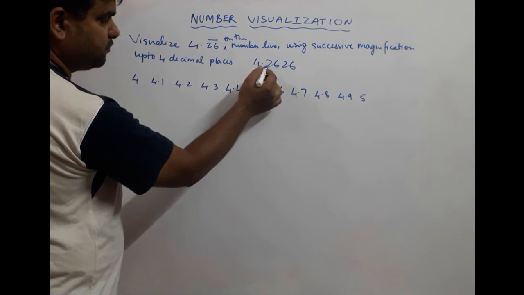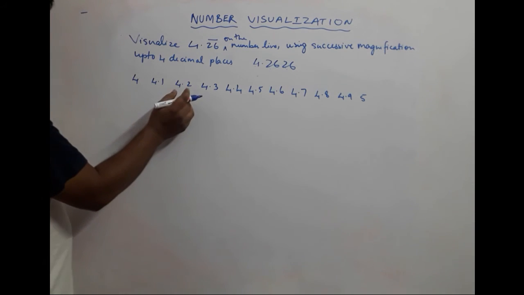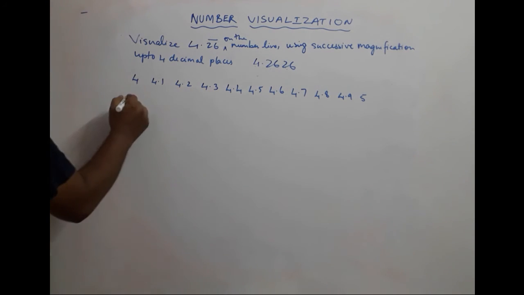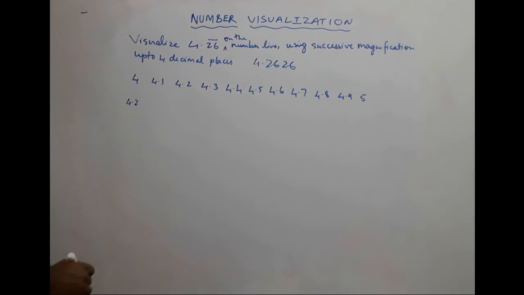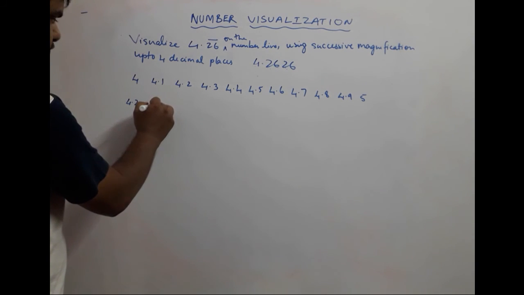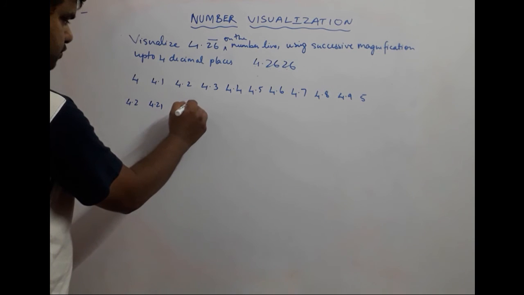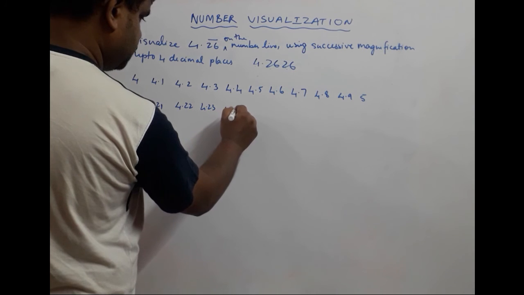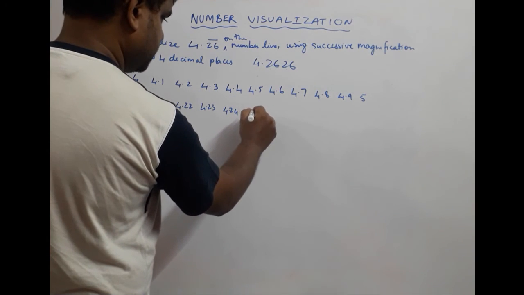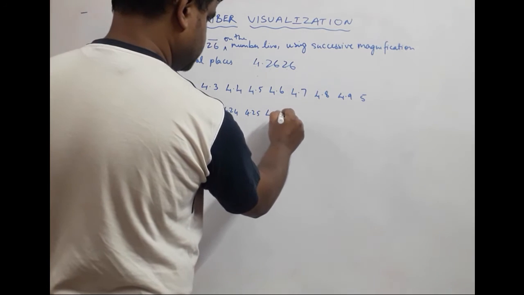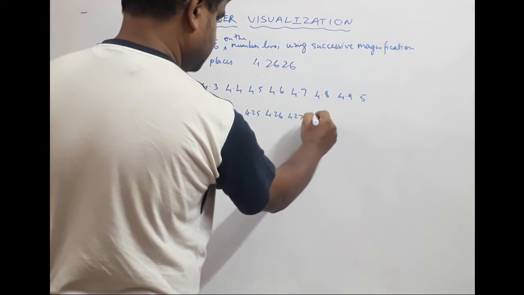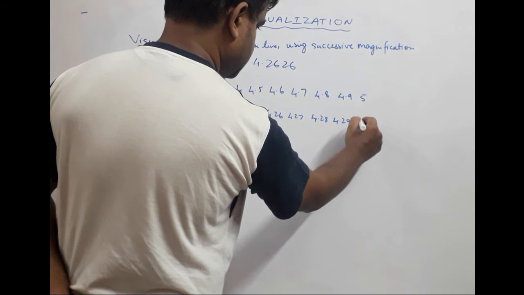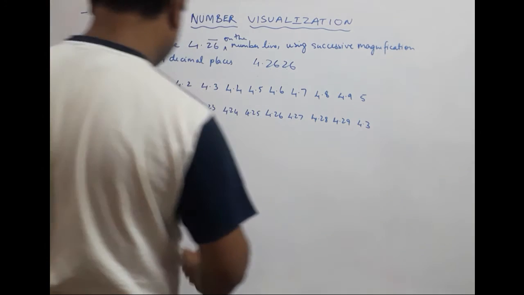Okay, now we want the next digit, that is 4.26. Now 4.26 will lie between 4.2 and 4.3. So let us put it down as 4.2 and begin. 4.21, 4.22, 4.23, 4.24, 4.25, 4.26, 4.27, 4.28, 4.29, 4.3.